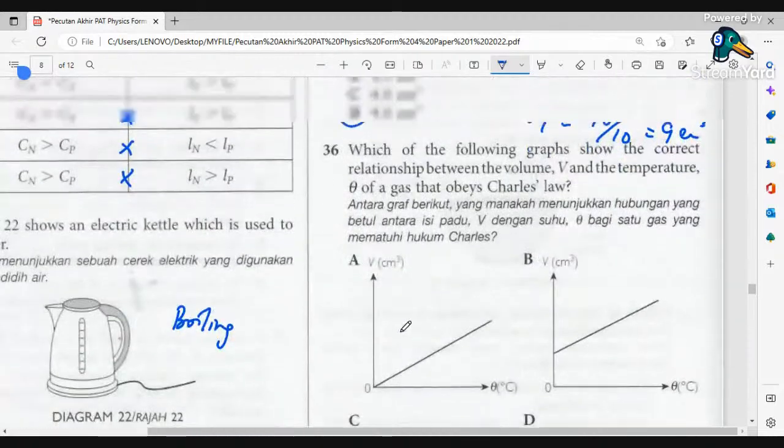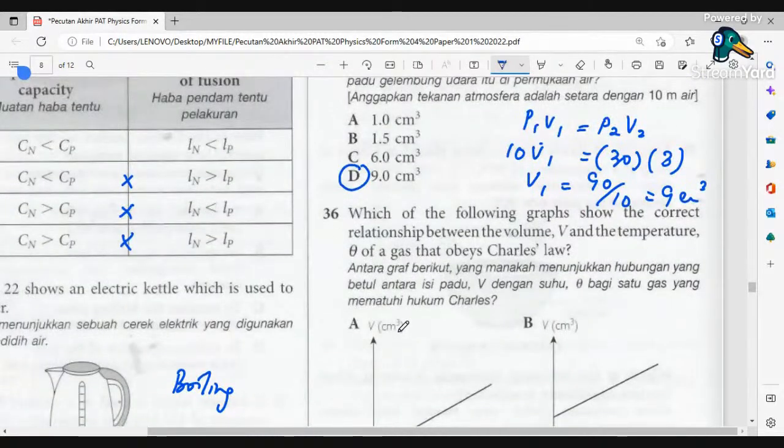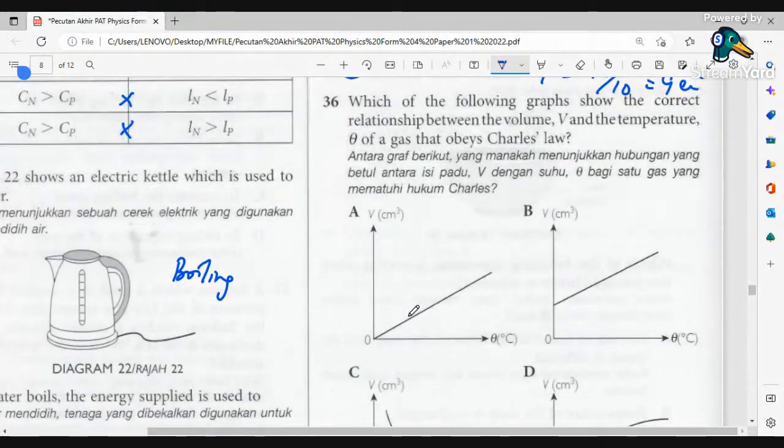Okay, number 36. Charles law. Sama macam tadi, saya dah tunjukkan BCG ya. Charles law is V over T, P constant. So V directly proportional to absolute temperature.